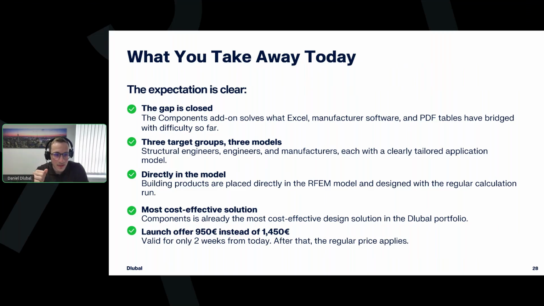You have it directly in the model, and it's the most cost-effective solution. And at the end, you have this price advantage, 950 euros instead of 1450, just for the next 2 weeks from today. So do this.